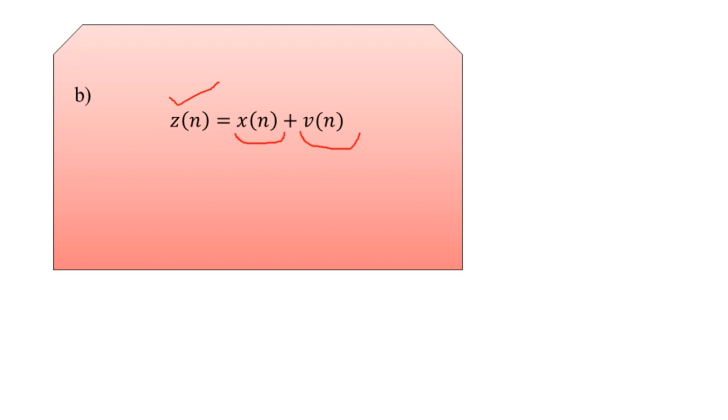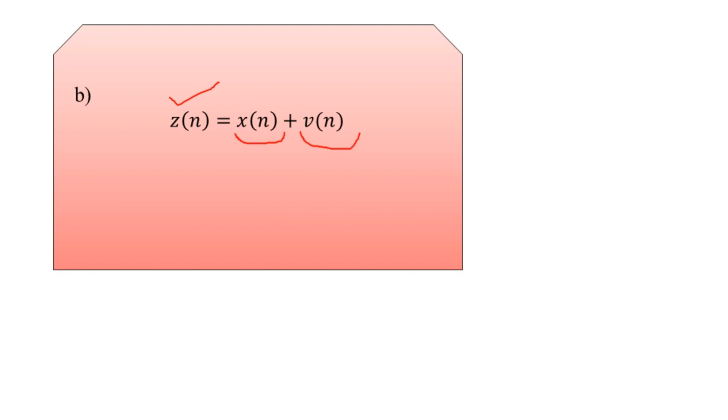Now from the first equation in the problem statement for the x of n, the RHS is holding two terms. The first term is the summation k equal to 1 to p of a of k into x of n minus k, added to w of n. So looking at the relation of w of n to that of x of n, we conclude that x of n is a linear combination of values of w of n.